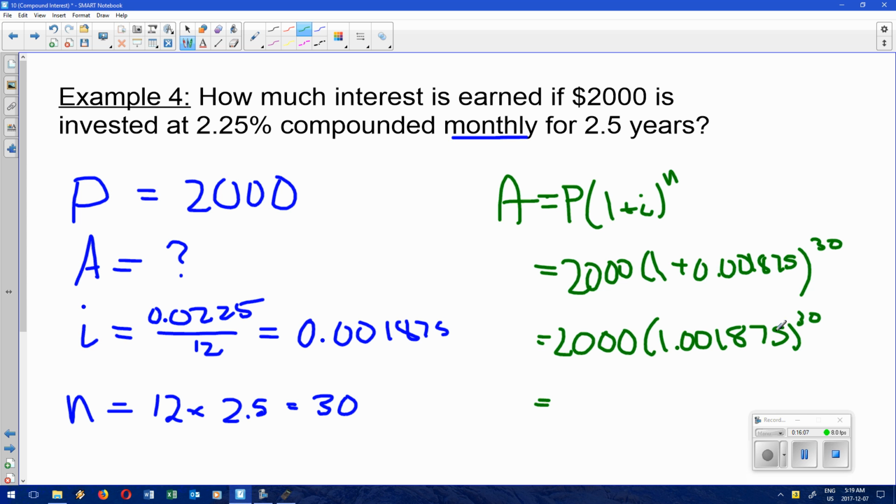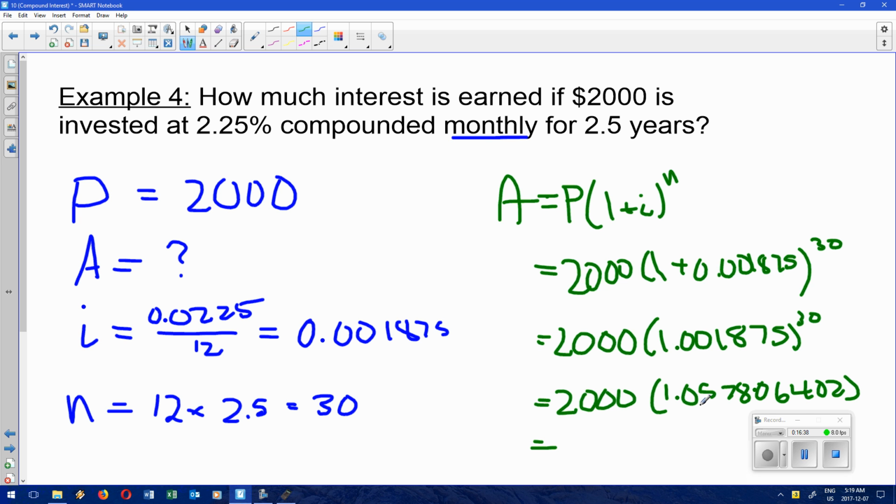Okay, now again we do our exponent next. So let's see here. Okay, 1.057806402.